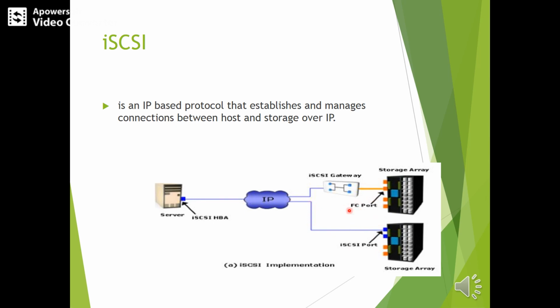If you are using an FC port, we can make use of an iSCSI gateway to make the connection from the storage array to the IP network. This is how iSCSI implementation looks. Basically, iSCSI is used to establish connections between host and storage over IP.